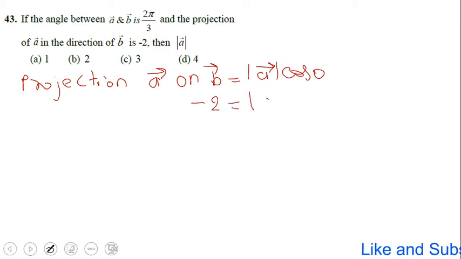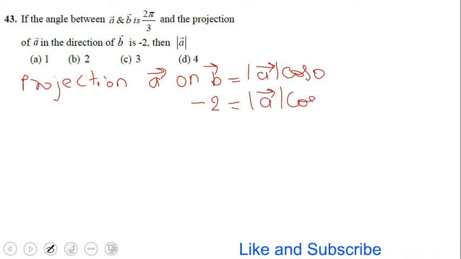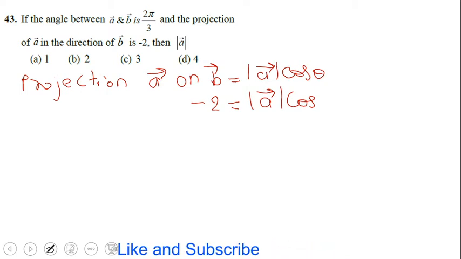Then magnitude of vector A as it is, then cos theta, where theta is the angle 2 pi by 3.